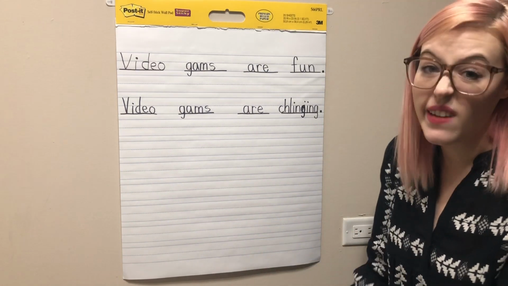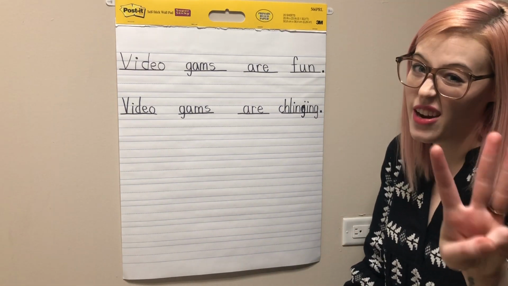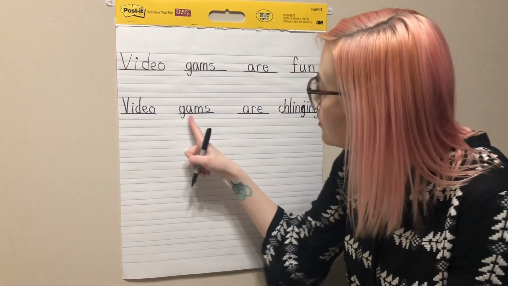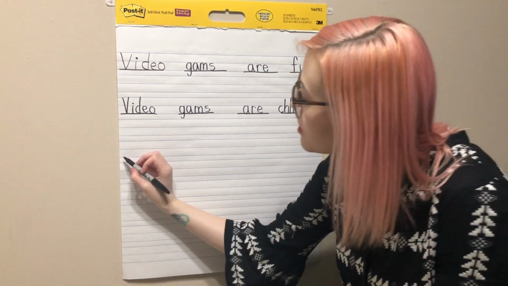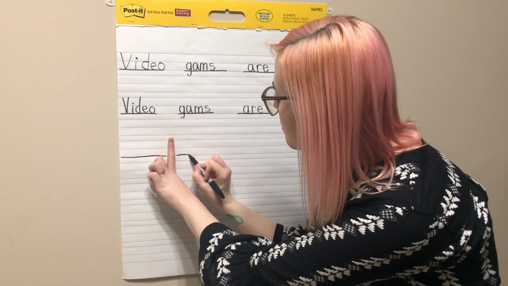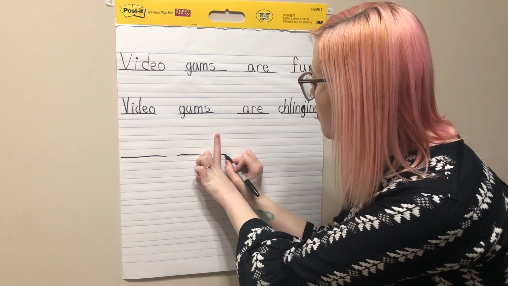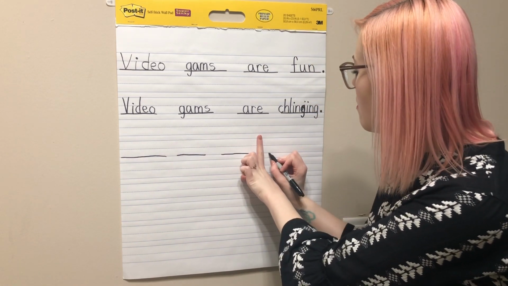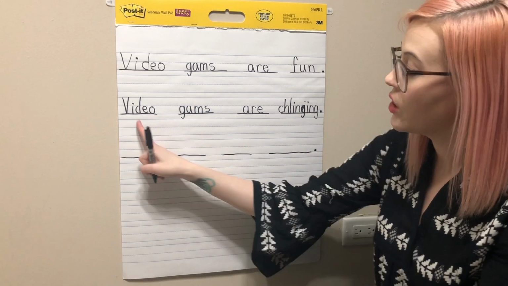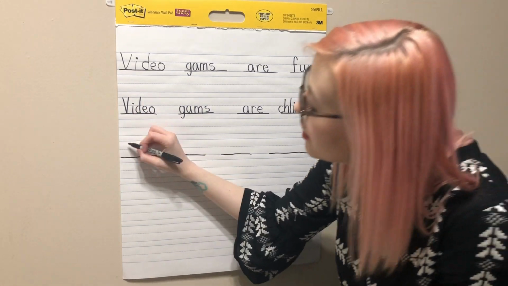Now, I need to write another sentence because I'm going to try and write 3. So I'm going to start by drawing 1, 2, 3, 4 lines with a finger space in between each one, and a period at the end. So I'm going to copy my pattern again.